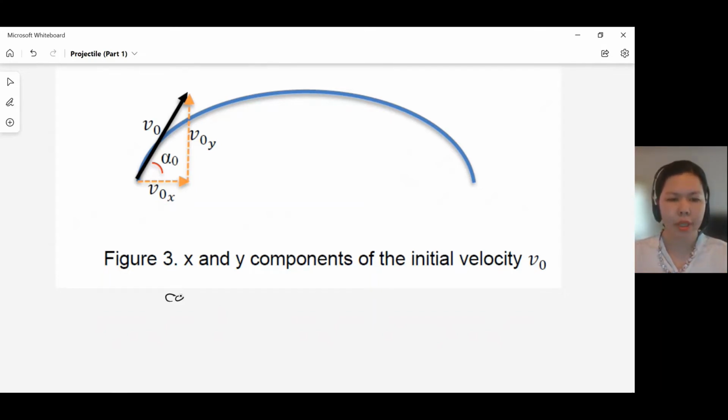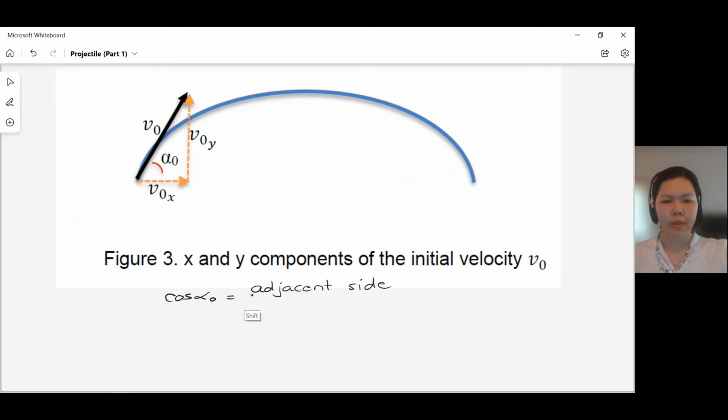We have cosine alpha naught equals adjacent side over hypotenuse.